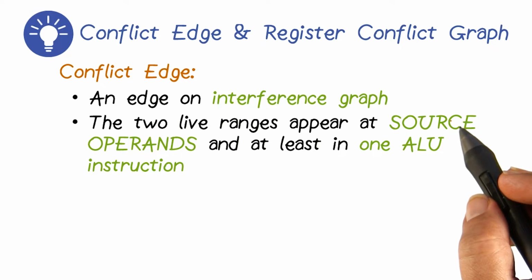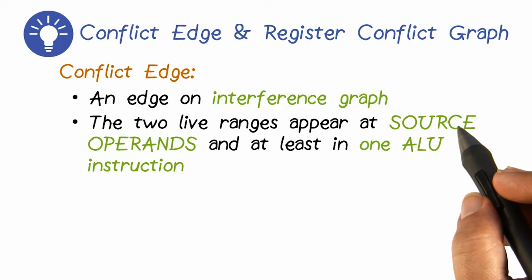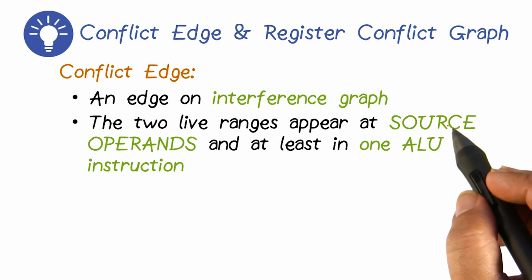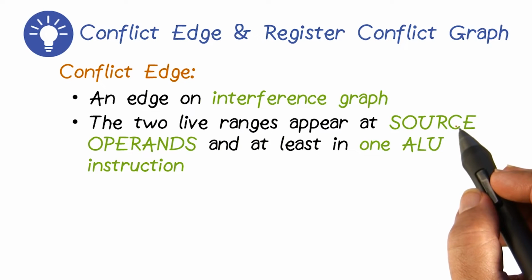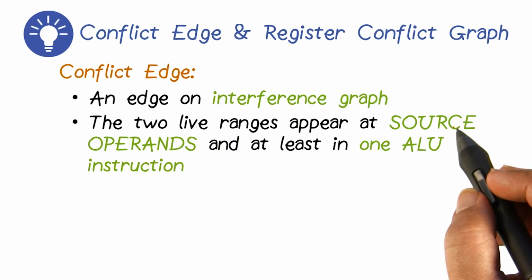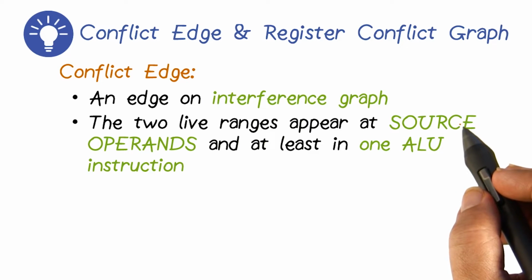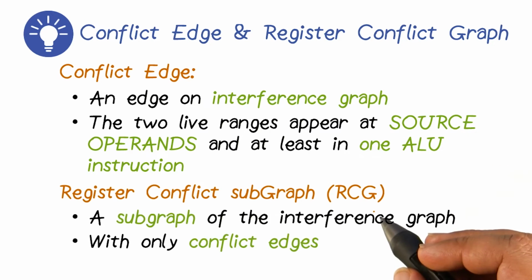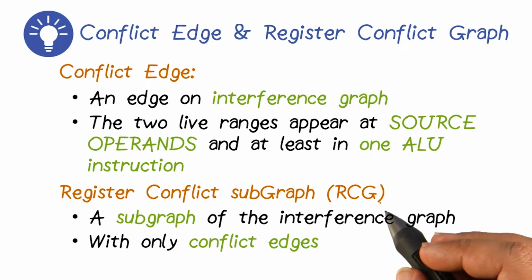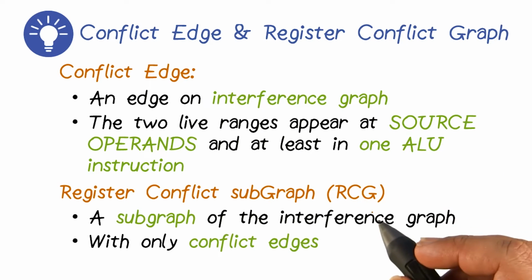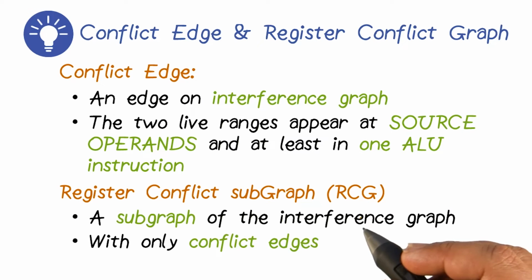So for example, consider two source operands which are a part of some ALU instruction, and we want to indicate this by putting an edge between these two source operands, indicating that they must reside in two different banks. And that is what a conflict edge is showing. So we build a register conflict subgraph of an interference graph that shows these conflict relations, and it only has these conflict edges.